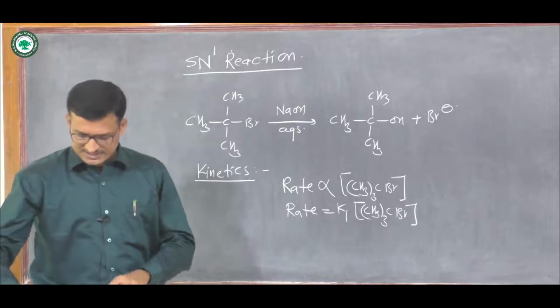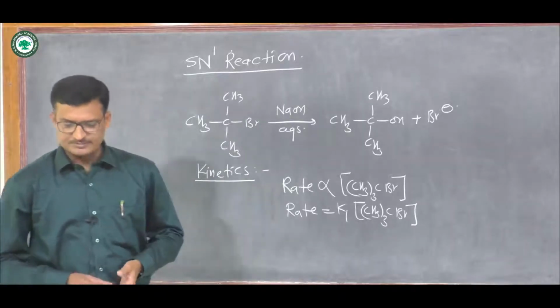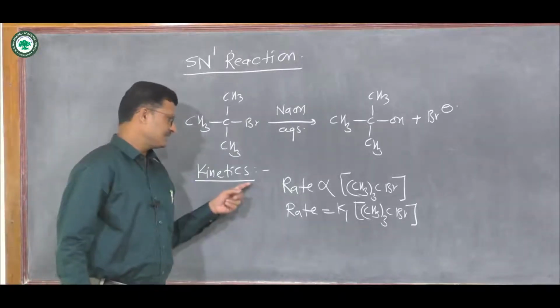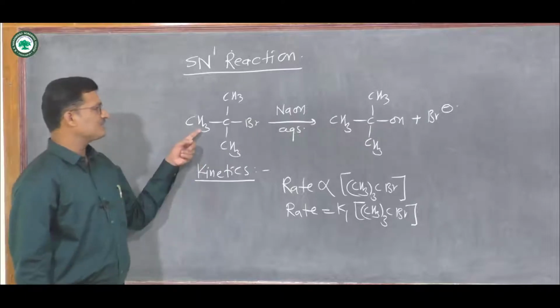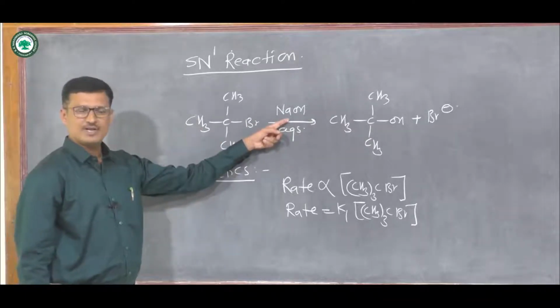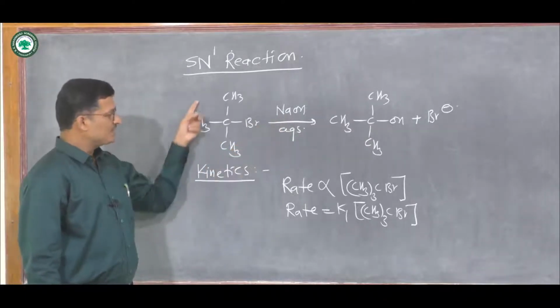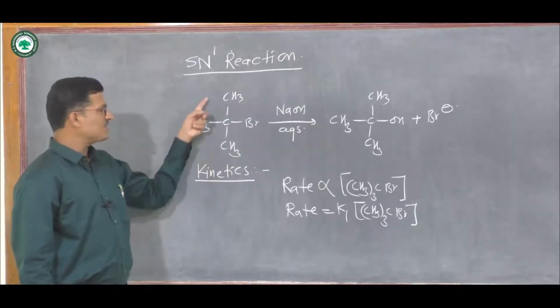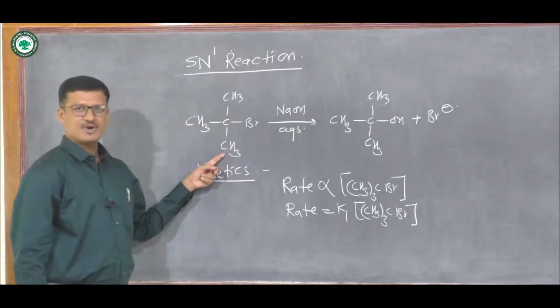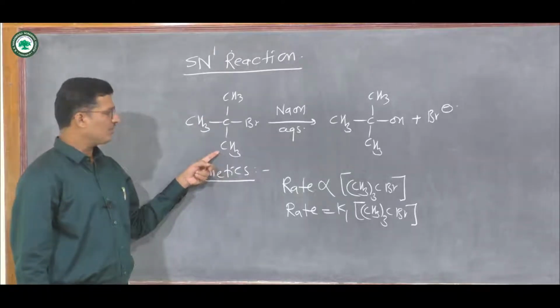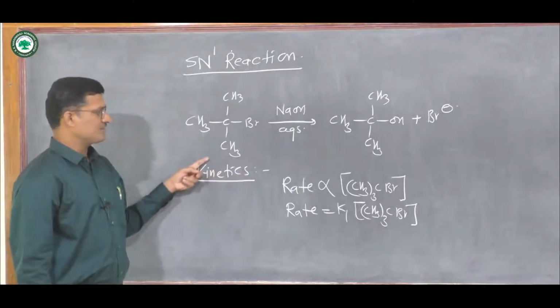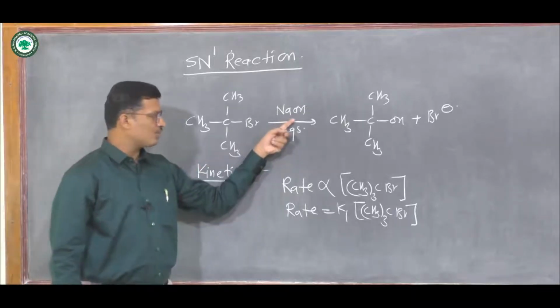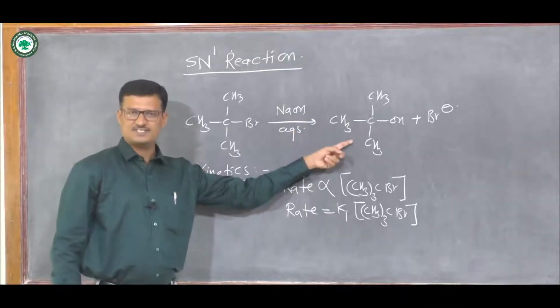In the SN1 reaction, the rate of reaction does not depend on the nucleophile. This means that in the rate determining step, or RDS, only tertiary butyl bromide is involved in the reaction. The attack of the nucleophile takes place in a fast step.